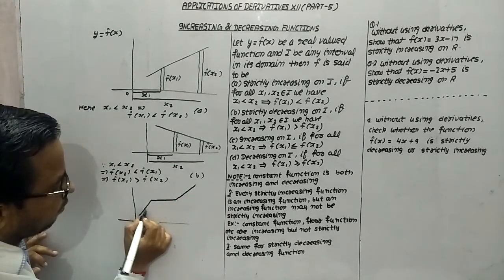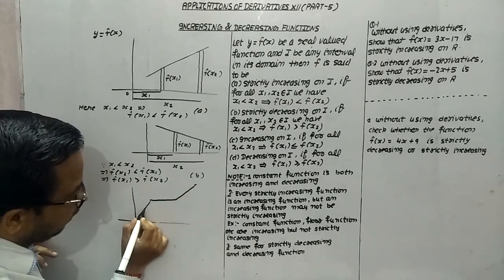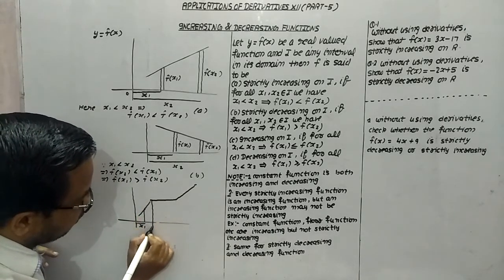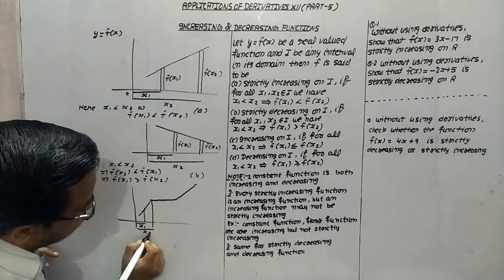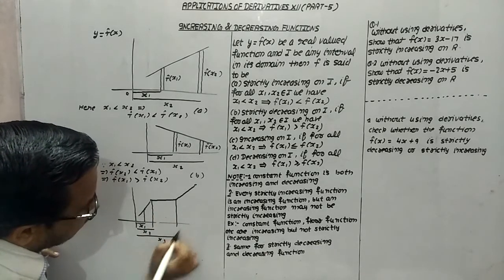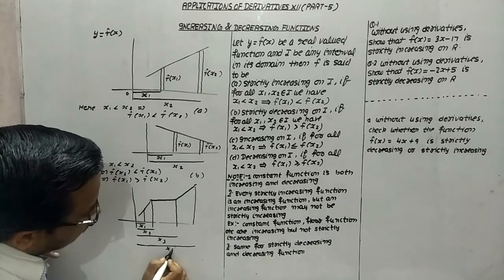Here I am taking four points, x1, x2, x3 and x4.